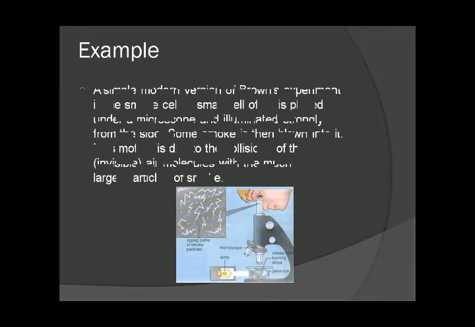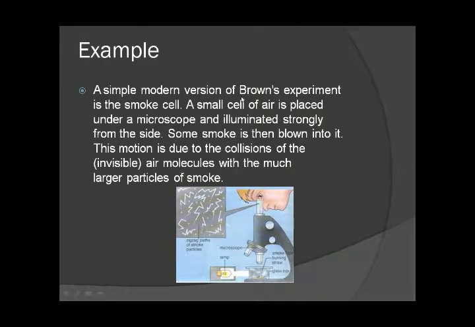A simple modern version of Brown's experiment is a smoke cell. A small cell of air is placed under a microscope and illuminated strongly from the side. Some smoke is blown into it. This motion is due to the collisions of invisible air molecules with the much larger particles of smoke.